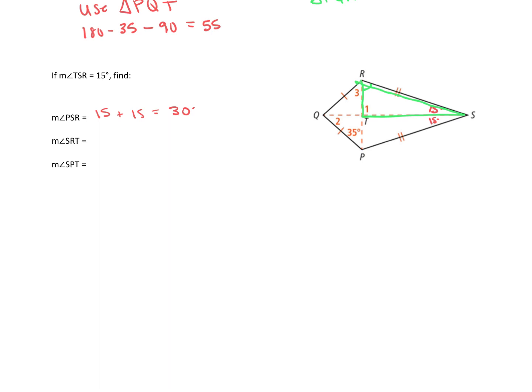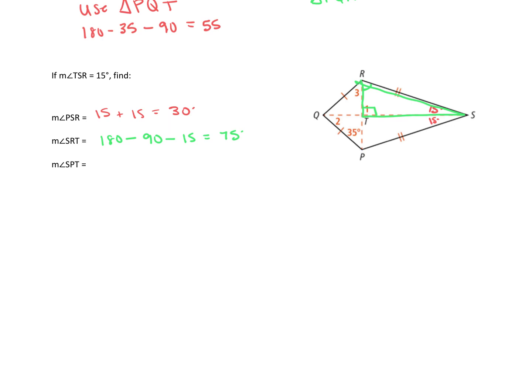The diagonals of a kite are perpendicular, so we have a right angle. We have a 15-degree angle, and we're trying to find this missing angle right there. So we can take 180 degrees, the angle measures of the triangle, subtract out the 90, and subtract out the 15 degrees, and that's going to get us a 75-degree angle for the measure of angle SRT.